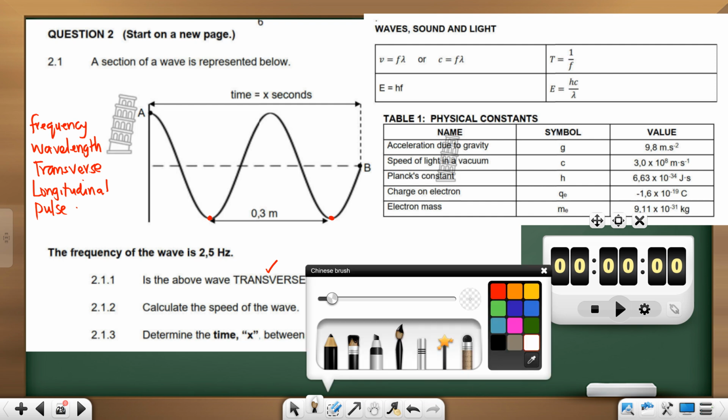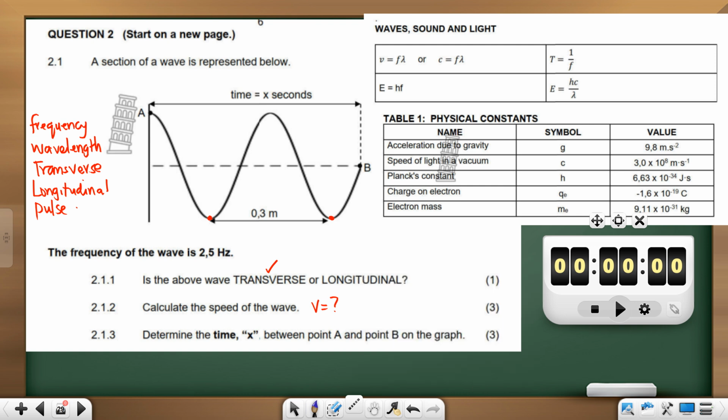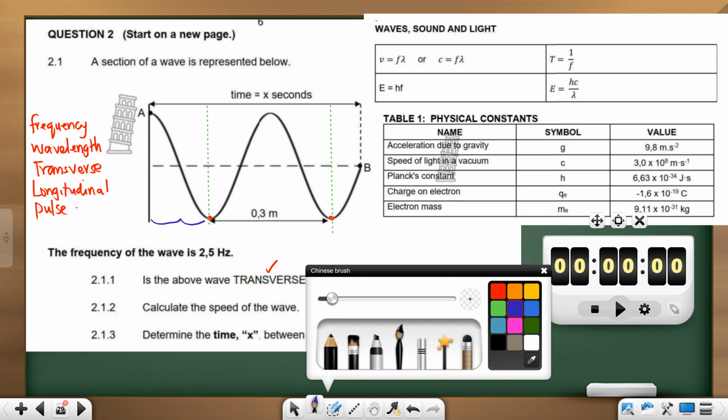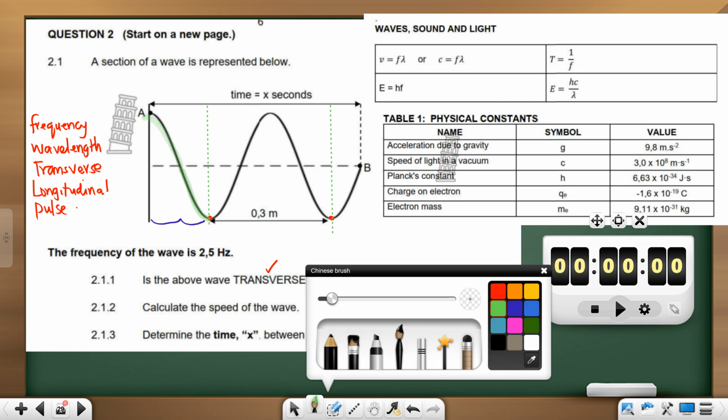There are a few ways to do this, but I want to go for the simplest. If this here is 0,3, I notice that this here is half, because that is a quarter and another quarter. Oh, so that will be half of 0,3.